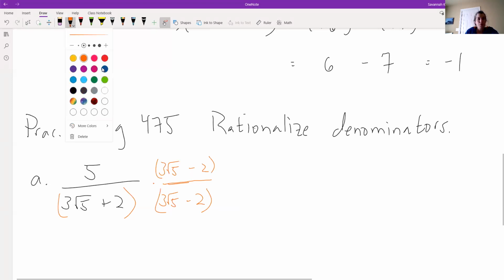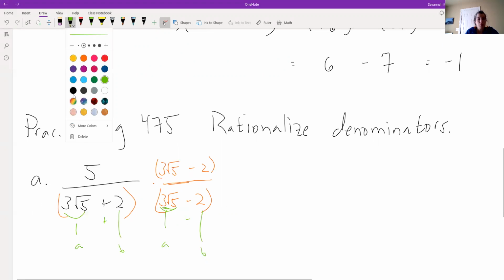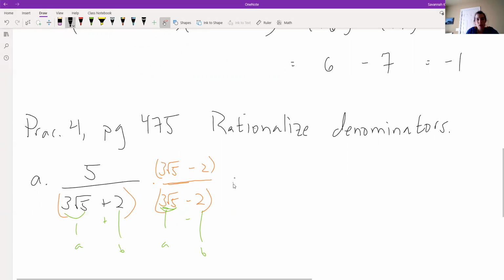Okay, so now we've got this is a plus b, and this whole thing, 3 square roots of 5, is a, minus b. So on the bottom with the denominators, we're going to get an a squared minus b squared scenario.